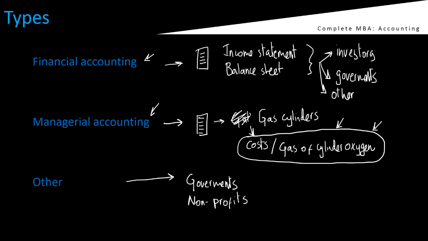Now that you know about the types, let's go to the last point, which is to explain very quickly some accounting concepts. I'm doing this because I've seen that many people come into the accounting class with an idea of what some concepts mean that is wrong. Let's check the first three of them.